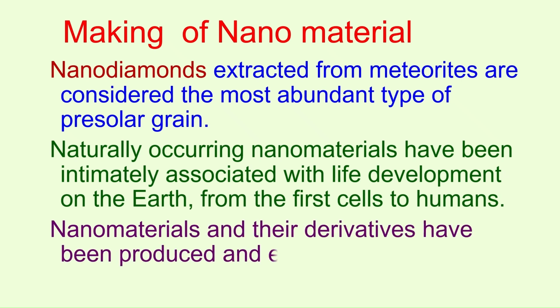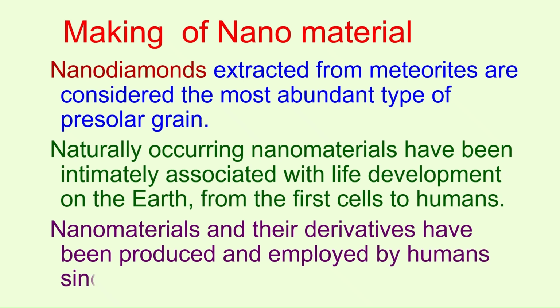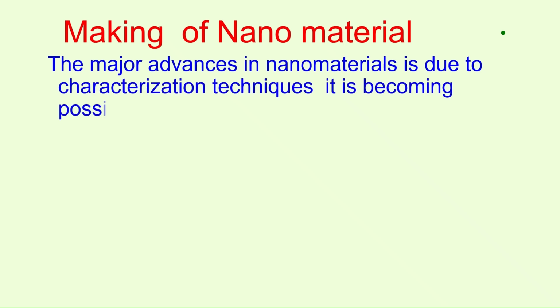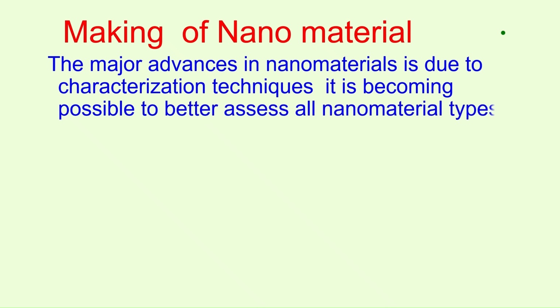Nanomaterials and their derivatives have been produced and employed by humans since prehistoric times. The major advances in nanomaterials are due to characterization techniques. It is becoming possible to better assess all nanomaterial types.